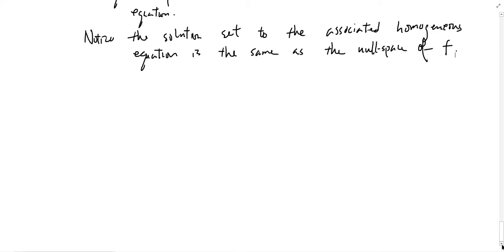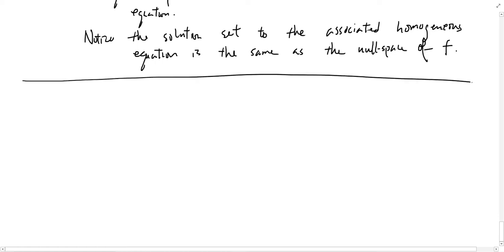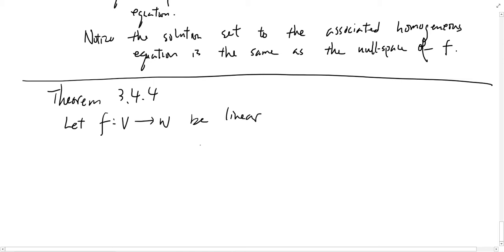But now we can talk about any vector space that we want, because we established that some of the other vector spaces behave similarly to the Rn vector space. So therefore now we can use what we know about them to extend to other vector spaces too. So this is more a generalization of the theorem. So let's say let F map from V to W be linear. Okay, we have to have a linear function to begin with.